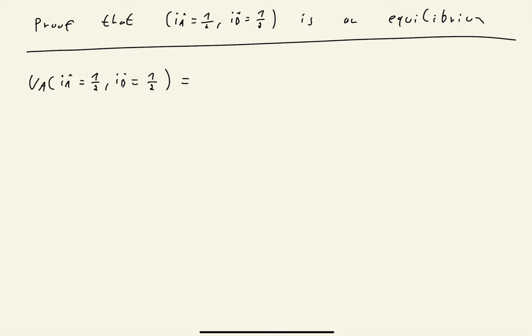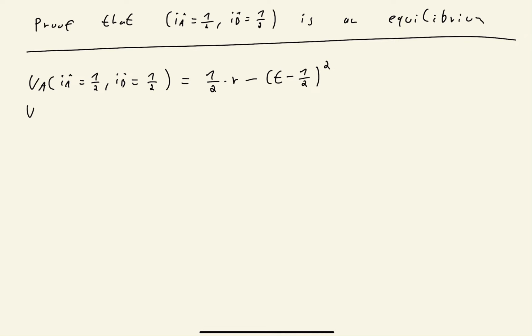Then the utility of candidate A is simply given by 1/2 times R minus T minus 1/2 to the power of 2. So you can simply plug this into the case where both have chosen the same ideology, and then you will end up with this expression.